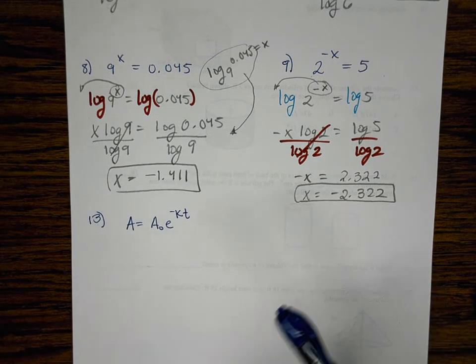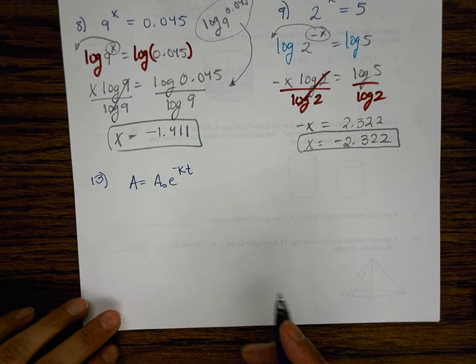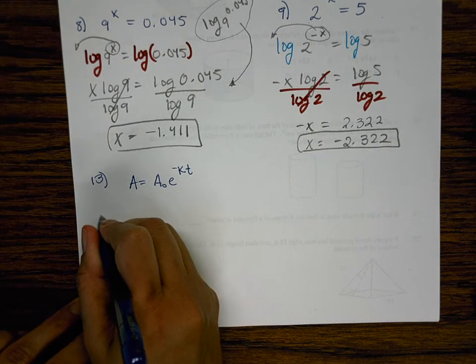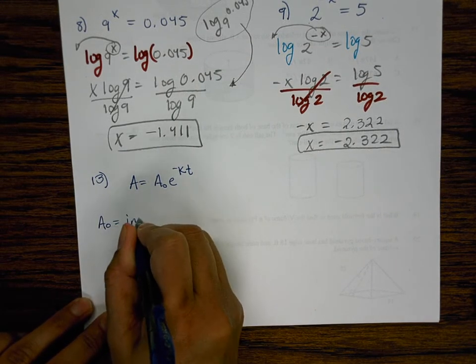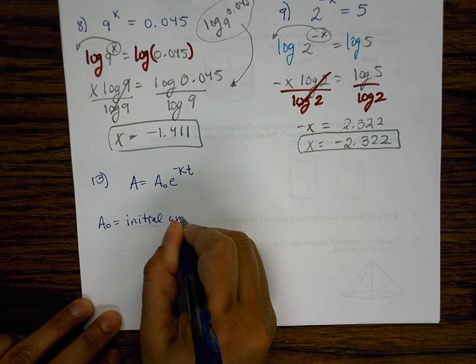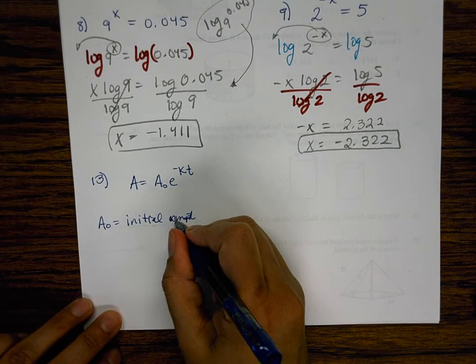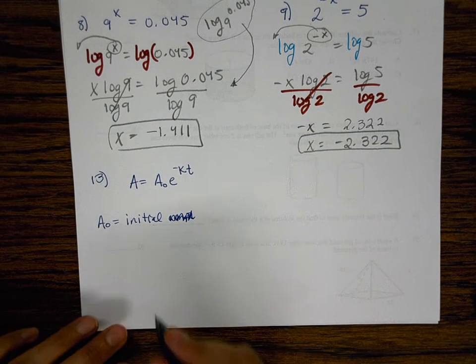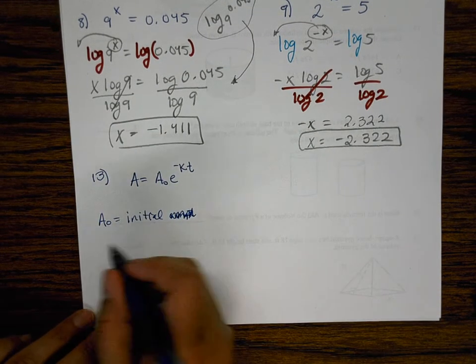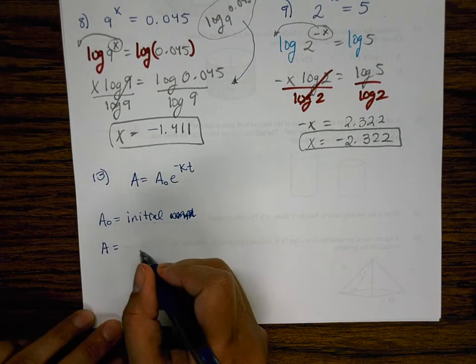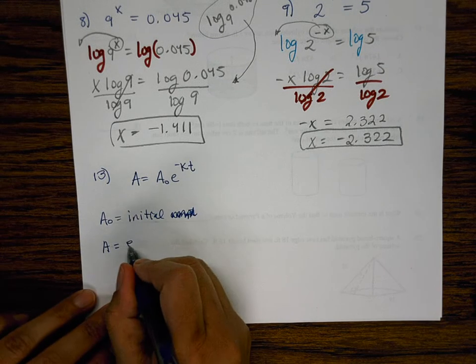All right, so remembering from notes, what is what? A naught is the initial amount. And A is the amount after a certain amount of time, so the ending amount.